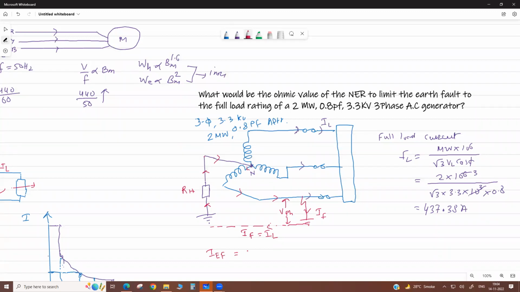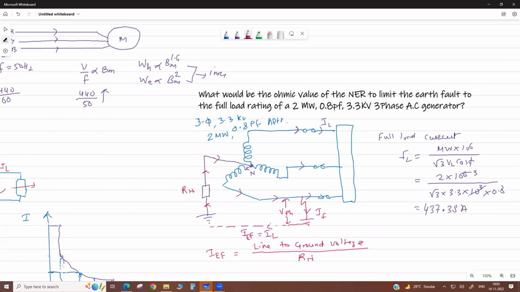Your earth fault current will be equal to the line to ground voltage divided by the total neutral path resistance, that is NER, the neutral earth resistance.